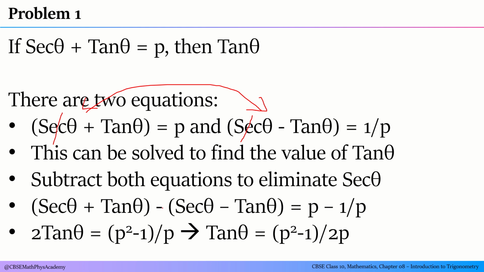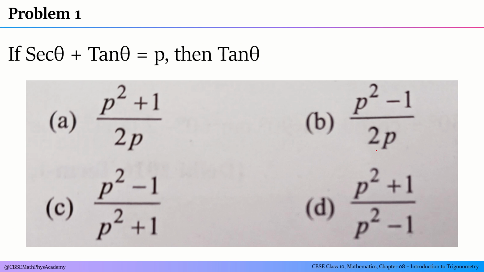Sec theta plus tan theta minus the whole of sec theta minus tan theta equals p minus 1 by p. The sec gets cancelled and you have 2 tan theta on the left hand side. 2 tan theta is equal to, taking the LCM, p square minus 1 divided by p. So tan theta is equal to p square minus 1 divided by 2p. So this is option B, the right answer.